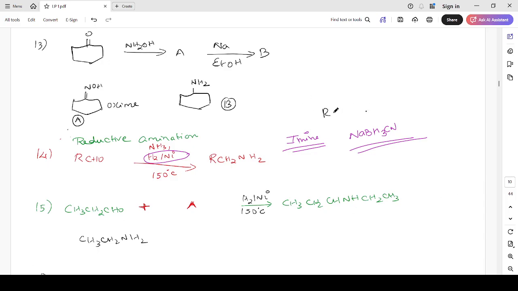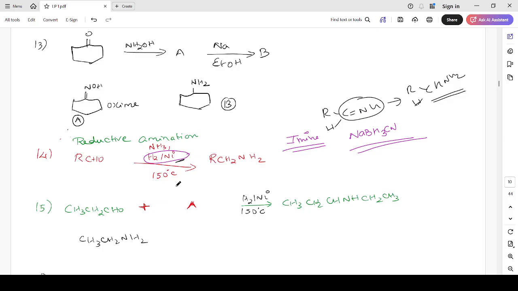It reduces imine. For example, you had this RCH double bond NH, na? You have to convert it into amine, like this. Because if that compound is also having a double bond and you don't want to touch that double bond, you can't use hydrogen and nickel. Hydrogen and nickel will go and reduce the double bond also.